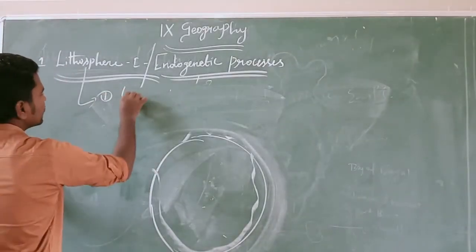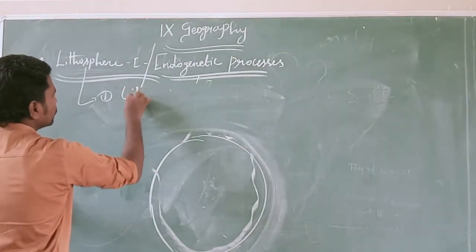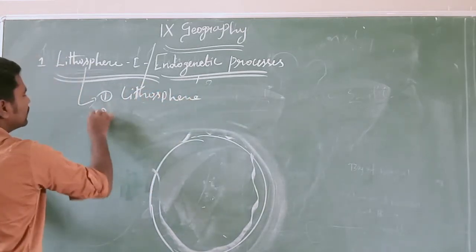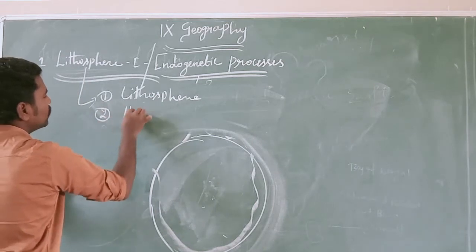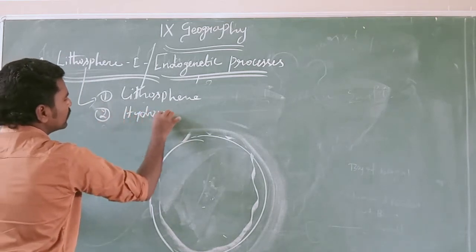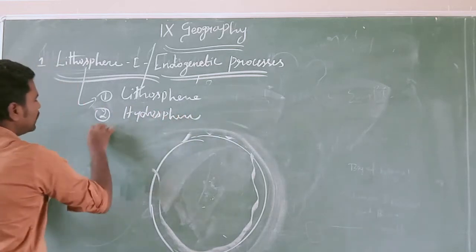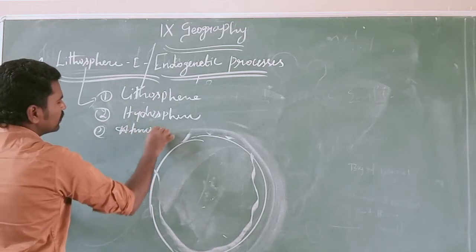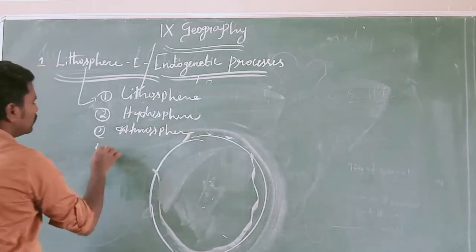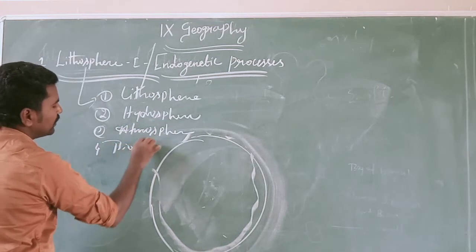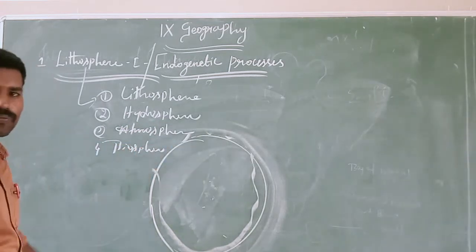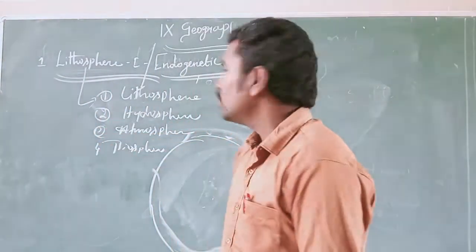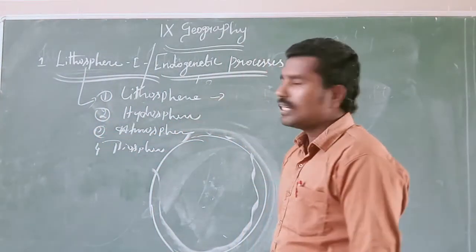One is lithosphere, the second is hydrosphere, the third is atmosphere, and the fourth is biosphere. These are the major spheres of earth. The first, lithosphere, as I told, is the solid outer part of the earth.